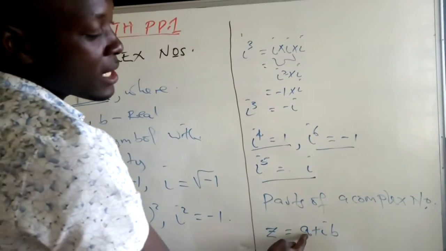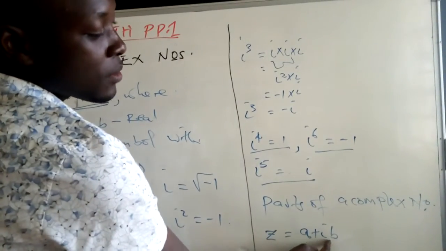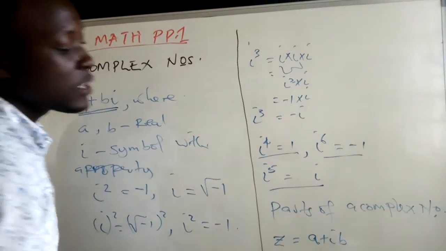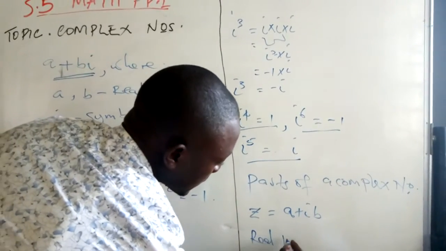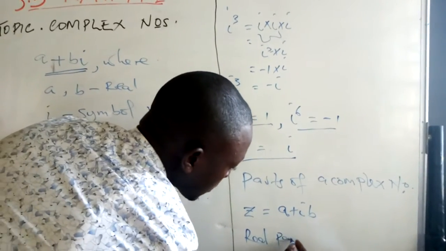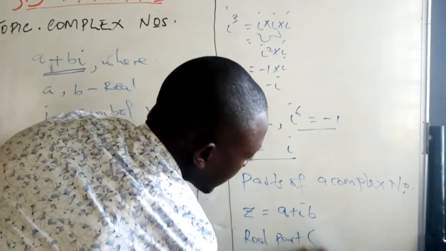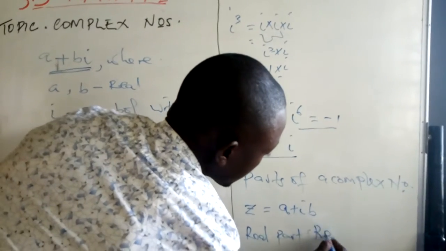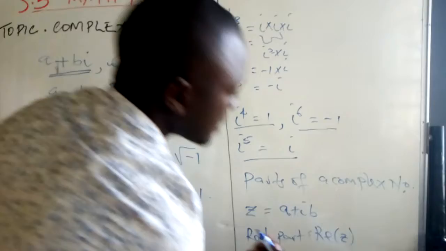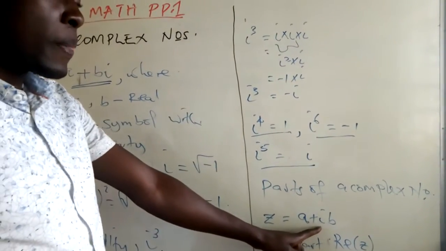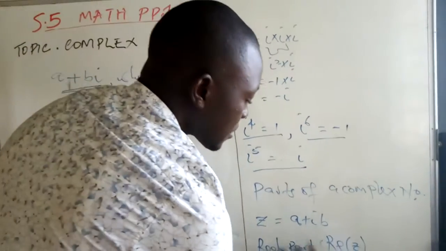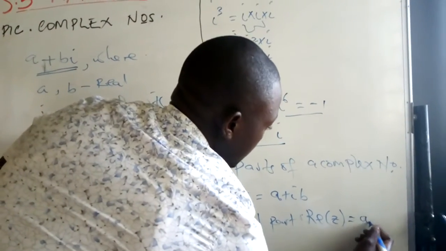The first part we call the real part, written as Re of z. The real part is that part that is not having the i. So the real part of this number is going to be a.